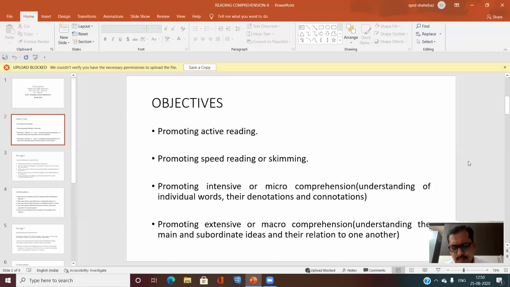So when we read something, in order to understand the full meaning, it is important for the reader to engage in a mental dialogue with the writer. This dialogue, often called active reading, is the key to increasing comprehension.